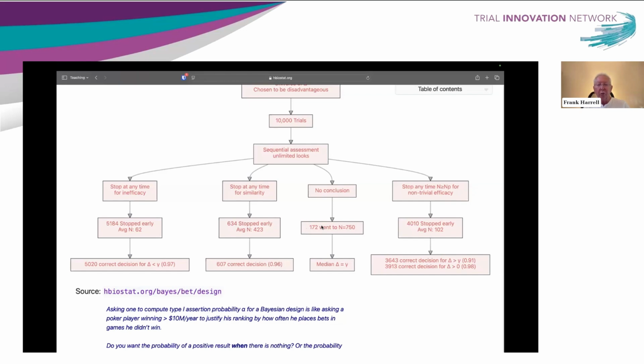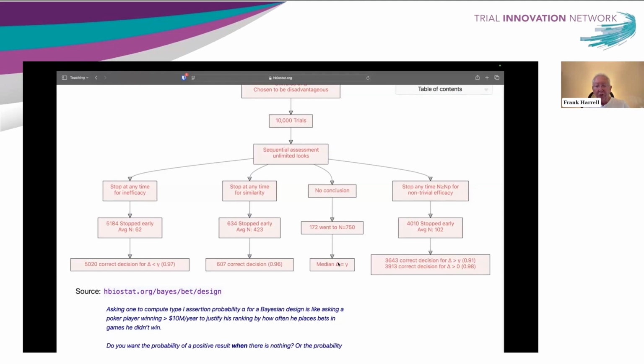But what was going on when that was the outcome? Well, the median unknown treatment effect was exactly equal to gamma. In other words, the clinical trials for which we're unable to reach a decision is when the actual treatment effect is right exactly at the point of triviality of the treatment effect, gamma.